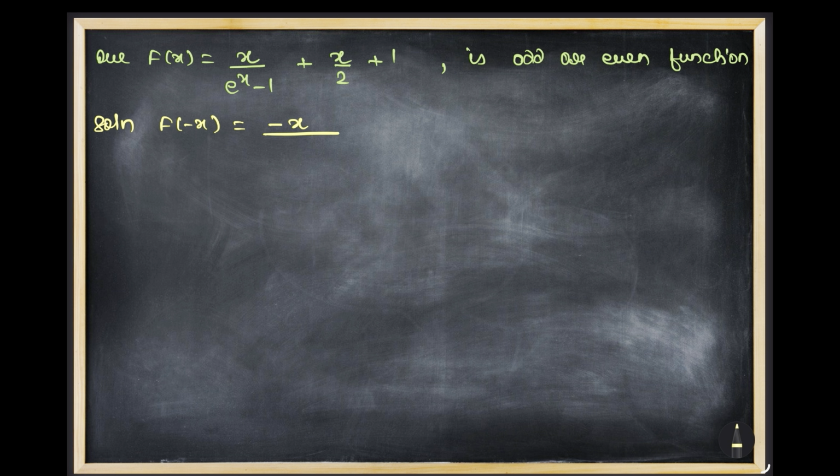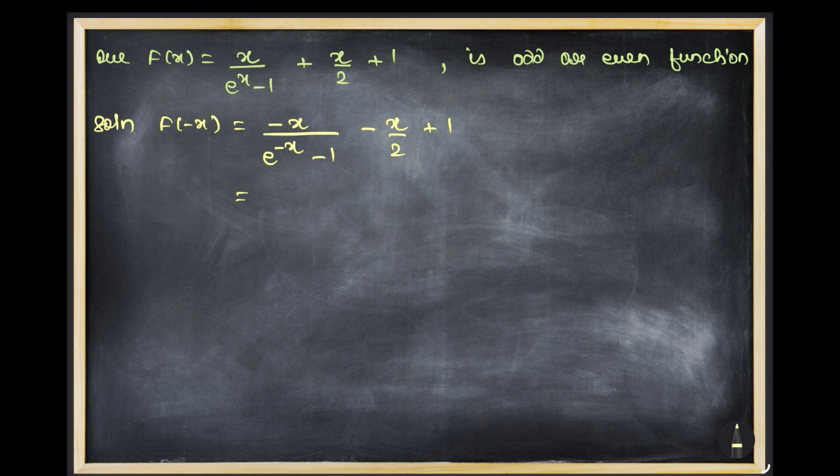So minus x upon e power minus x minus 1, minus x by 2 plus 1. Now, look at how I will manipulate this. First, I will write this as 1 by e power x.